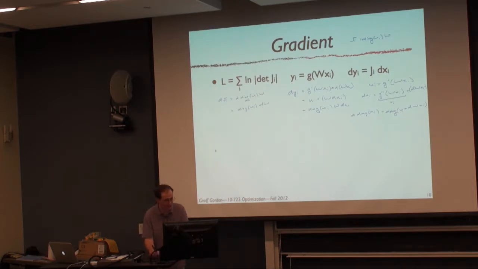And now I have an expression for d of, so I'll put parentheses here to show the scope of the d. I have an expression for this, that's here, just the diagonal matrix of v times dW x_i.